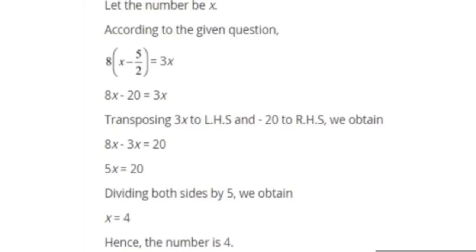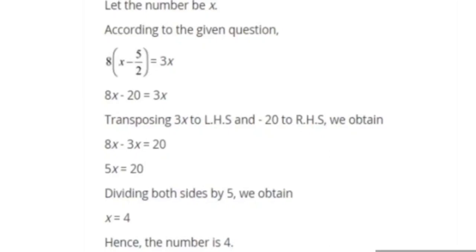So the equation is what? 8 in bracket x minus 5 upon 2 is equal to 3x. So 8 into x is 8x and 8 into 5 is 40, 40 upon 2. 40 upon 2 is 20, is equal to 3x.